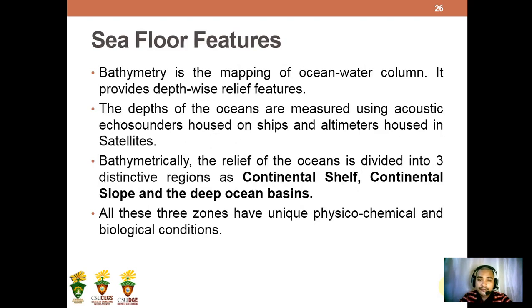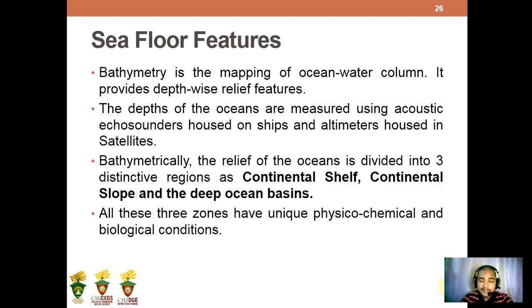For seafloor features, no, when we say studying of the seafloor features, it will link to the bathymetric data sets or the bathymetric survey. When we say bathymetry, it is the mapping of the ocean water column, and it provides depth-wise relief features. Ang output sa bathymetry is depths, no, of the waters.